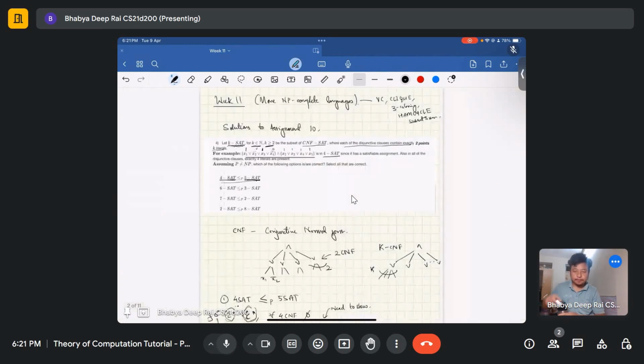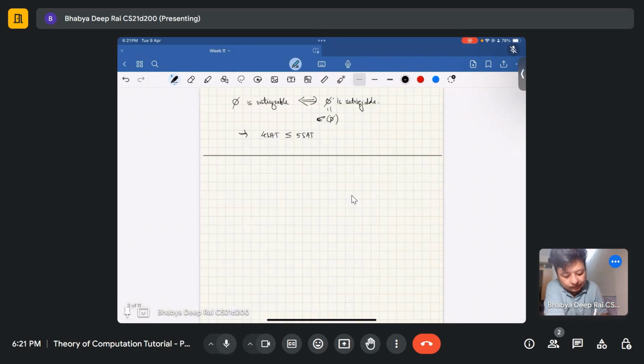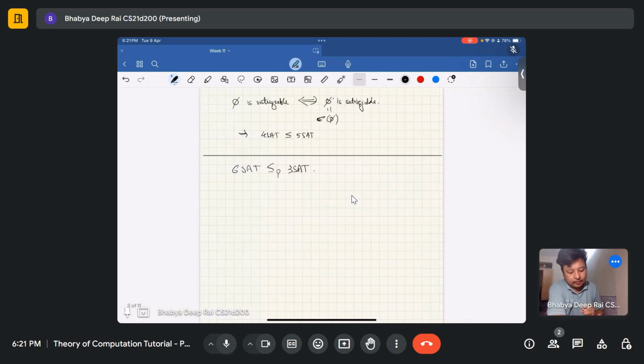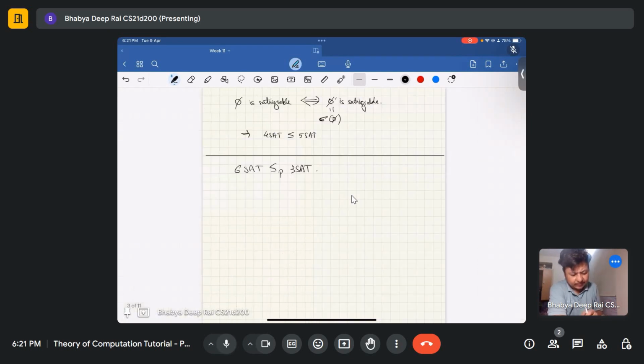Let's continue. 6 sat reduces to 3 sat. Now, is this true?